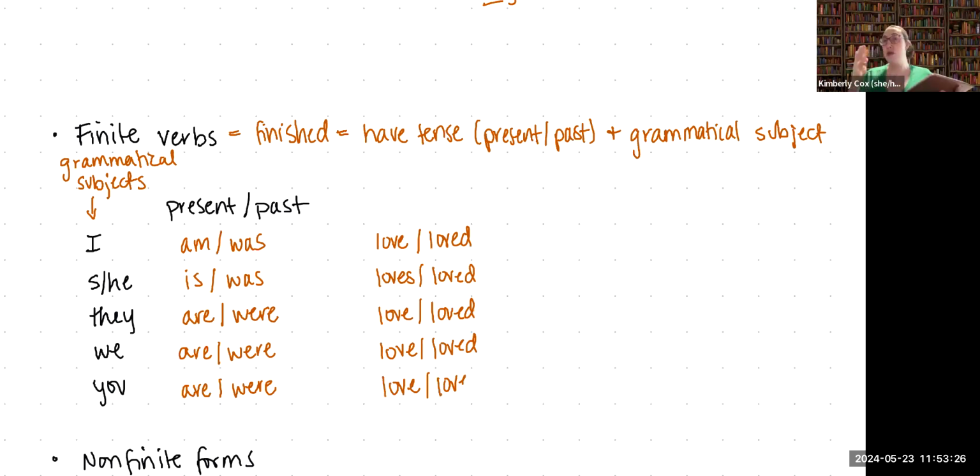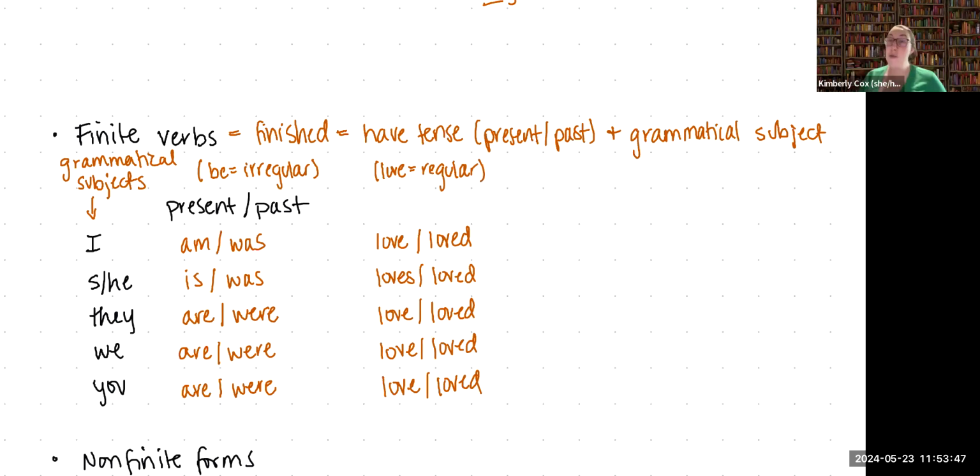Okay. So far less complicated when you're dealing with a regular verb like love. Be is an irregular verb, whereas love is a regular verb.